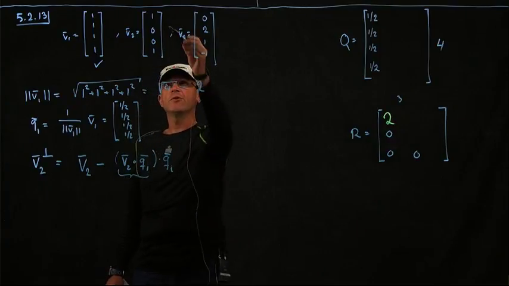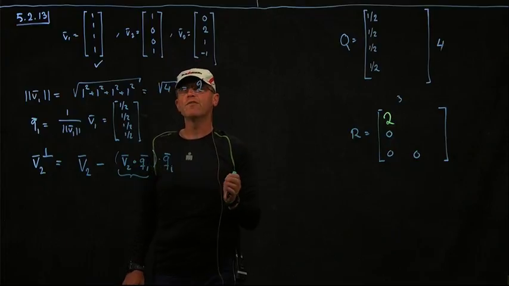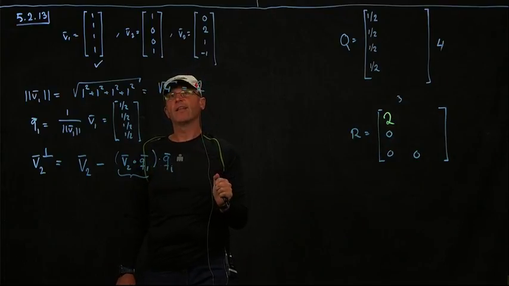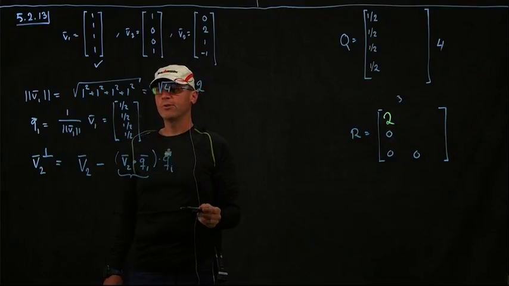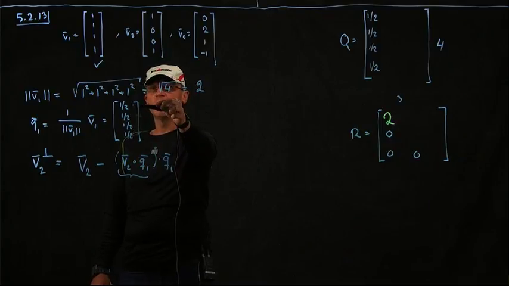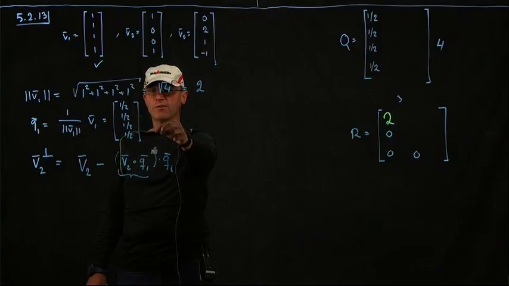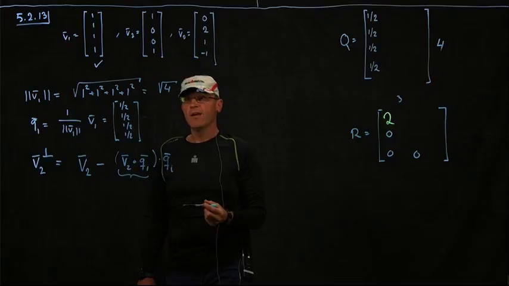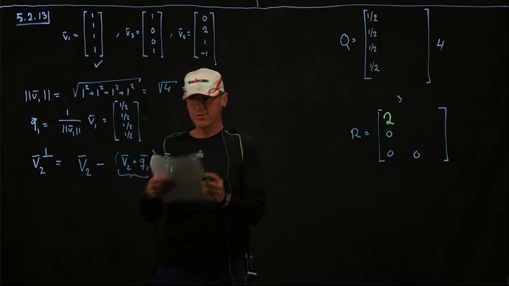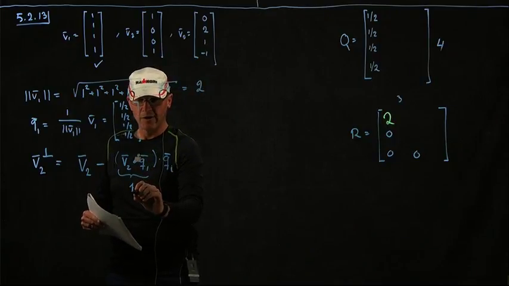V2 has ones in the first and last element. So when we dot that with Q1, we multiply the half at the top and the bottom by 1, and then we add them. So we should get 1.